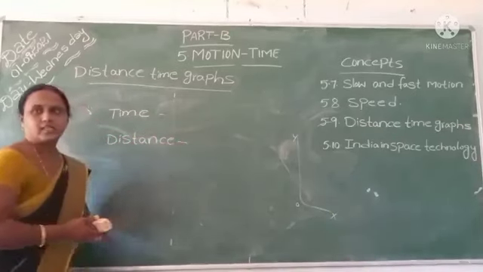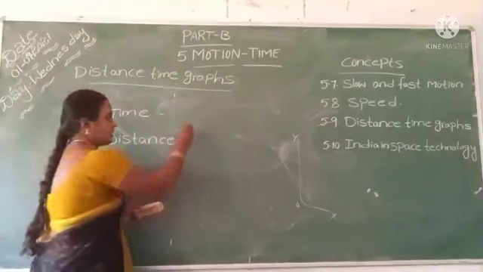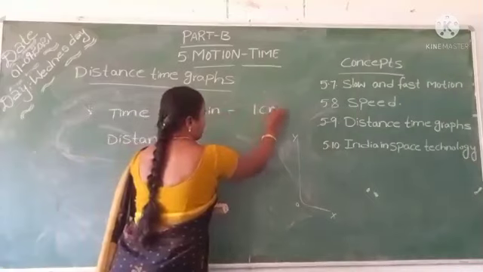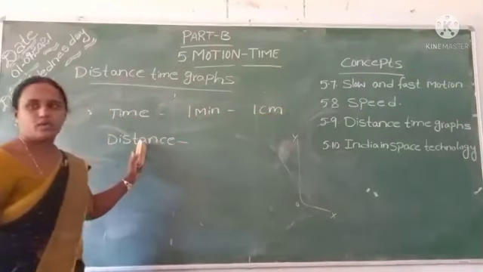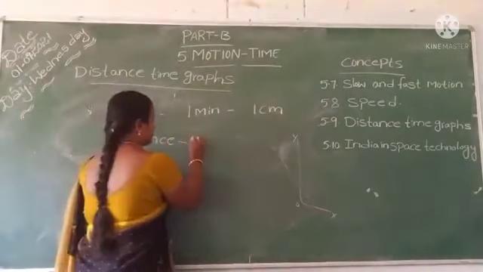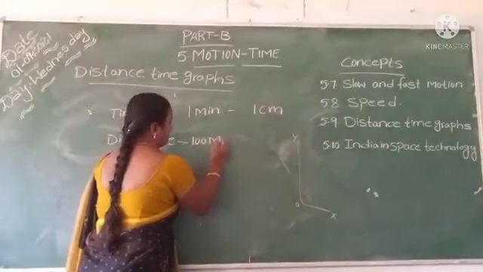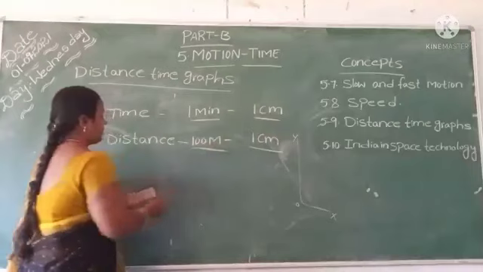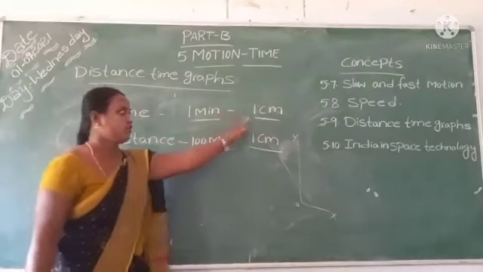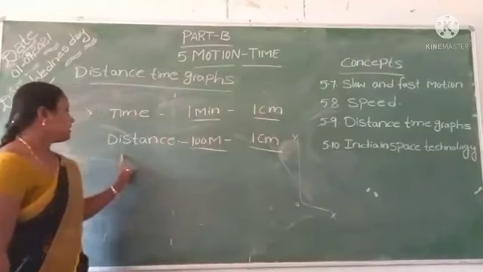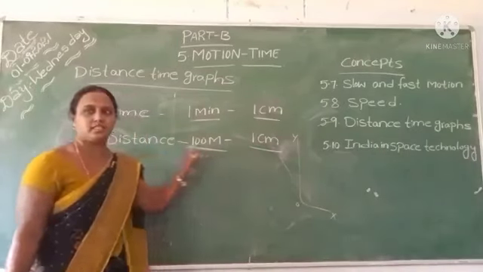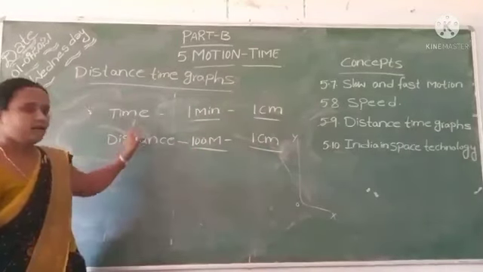How can we say the time? 1 minute, 1 centimeter. Next, distance how much? 100 meters, 1 centimeter. Like this we can measure. So, time 1 minute takes 1 centimeter. Then distance 100 meters takes 1 centimeter. So, this is the time and distance.